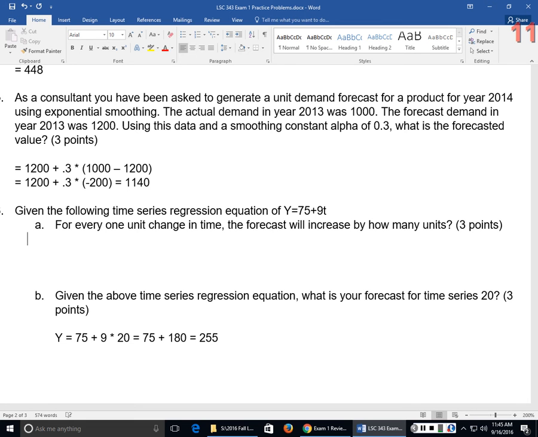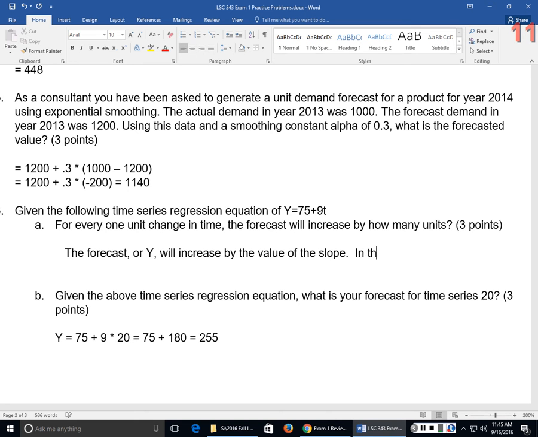So we said that the forecast, or Y, will increase by the value of the slope. Okay.